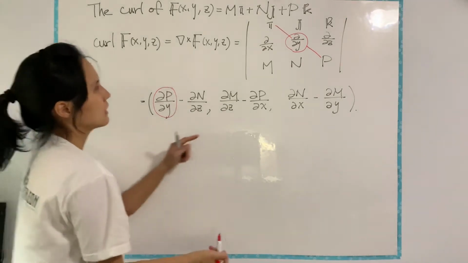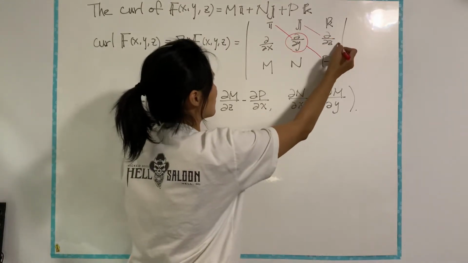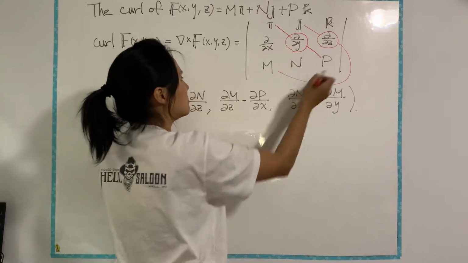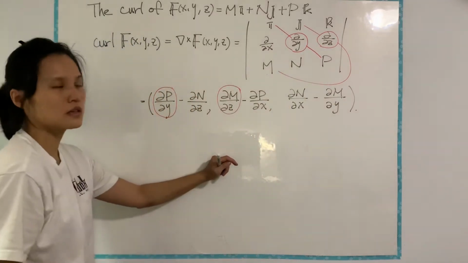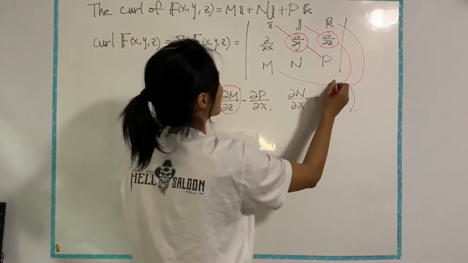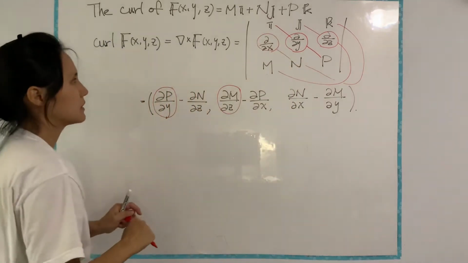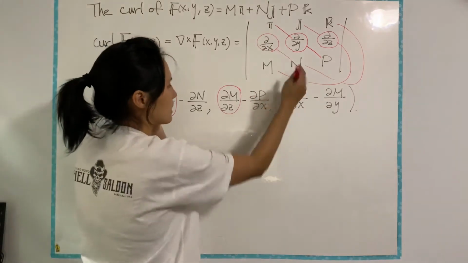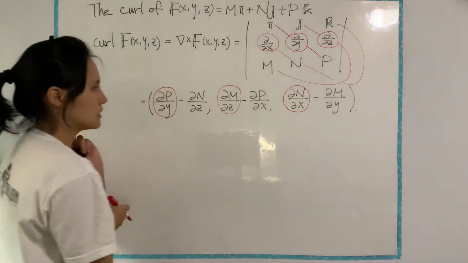Then for the y component, we have d/dz meeting the m function, so you see I have dm/dz. And for the last one, I have d/dx with the n function. So in the z component, I have a positive dn/dx.